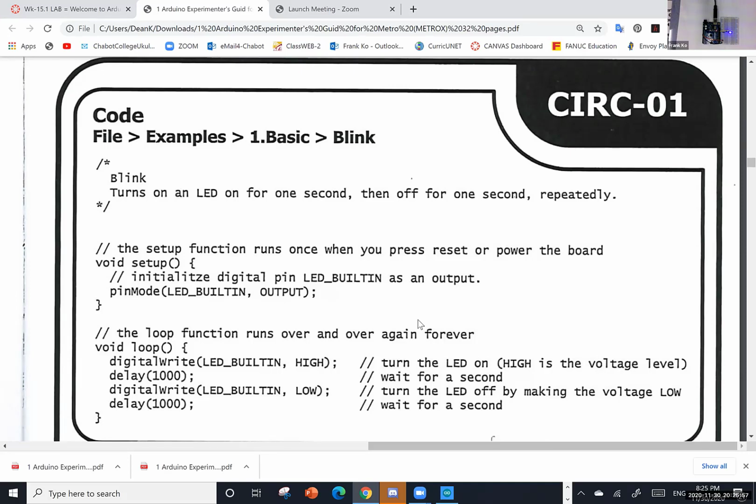So the program is called what? Blink. And that's the name here. What is the purpose of blink? It turns on an LED for 1 second, then off for 1 second, and continues how? Repeatedly. So none of this comment does the Arduino board ever see.